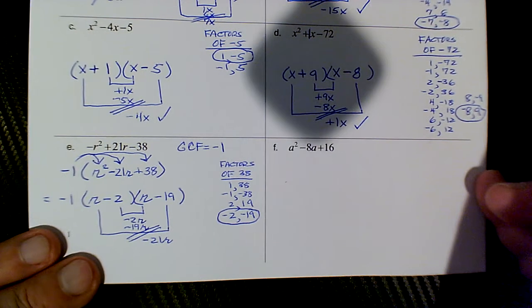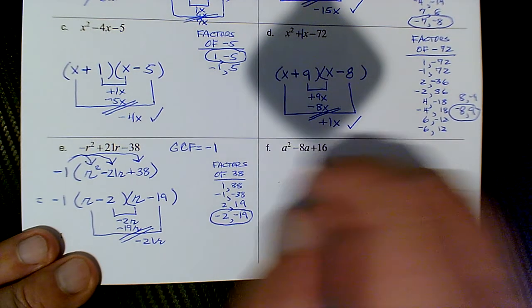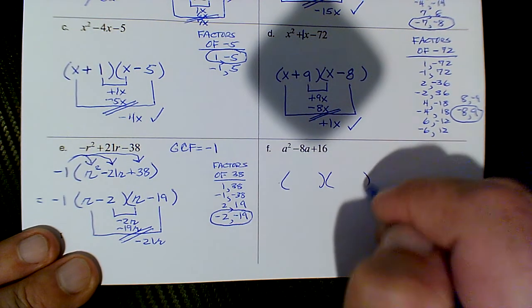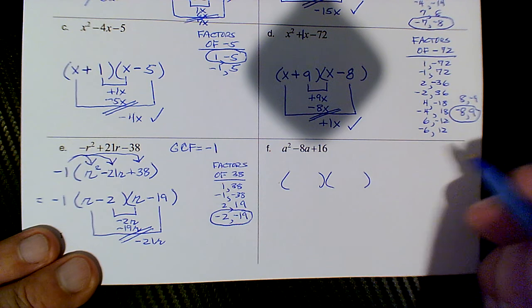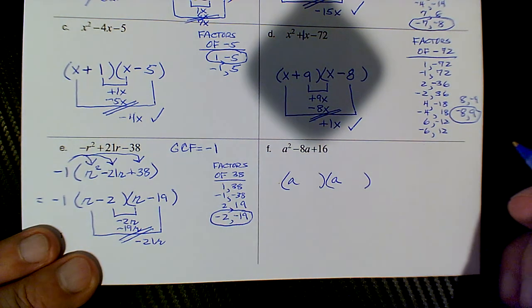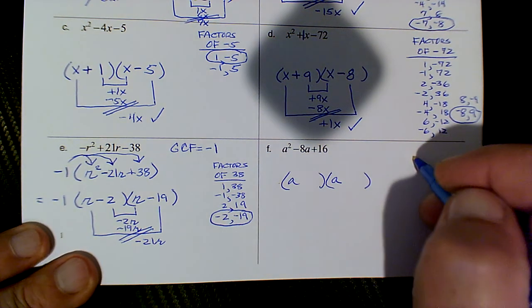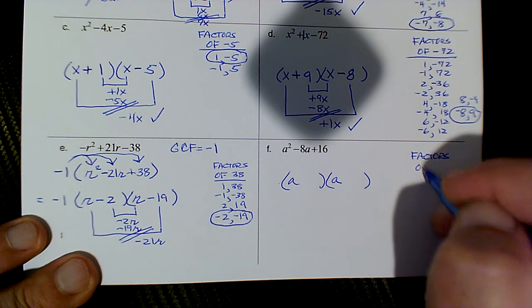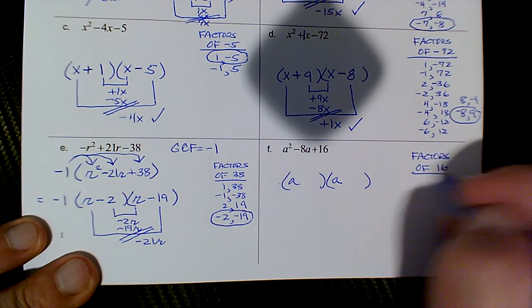Okay, here's another example. See, it's a quadratic trinomial. Again, possibly factorable into the product of 2 binomials. Looks like we'll need an a and an a. And if we want to use the factor method, we're listing the factors of positive 16.